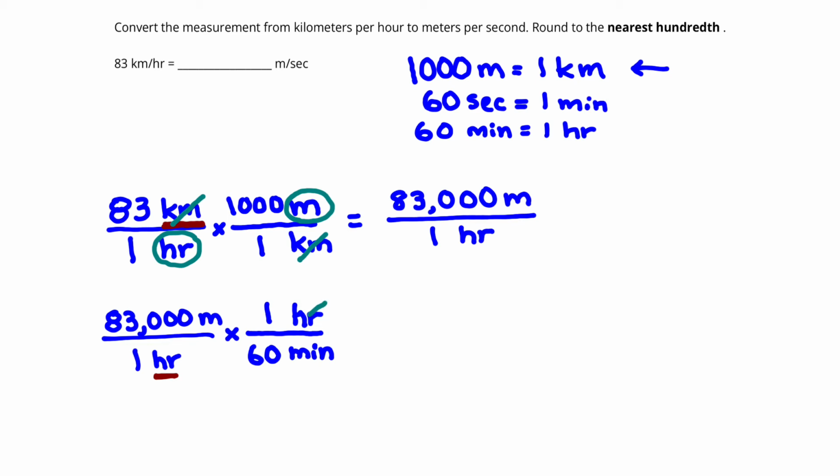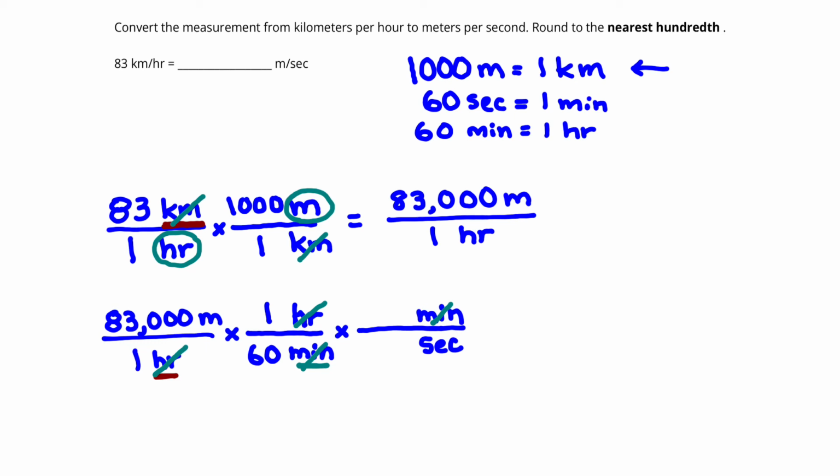This allows me to cancel the hour unit from the numerator and the denominator, and I'm now left with minutes, and that's the next thing I have to cancel. So I'm now going to convert my minutes into seconds, and again, in order to make everything work out, I want to put the minutes in the numerator, the seconds in the denominator. And I do that so that my minutes cancel with my minutes.